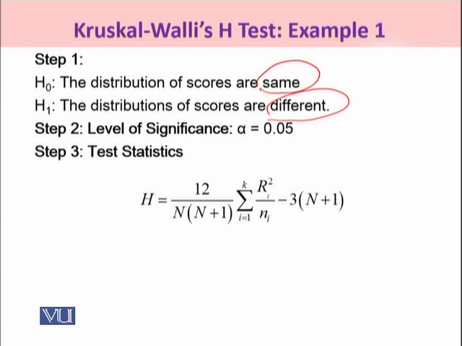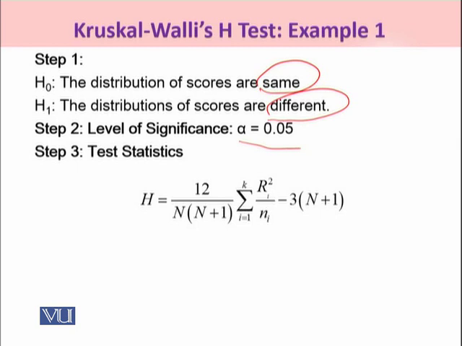Under level of significance, alpha is being considered as 0.05. The test statistic that we are going to follow, as we have 4 groups and those 4 groups are to be compared with each other, is the Kruskal Wallis H test.